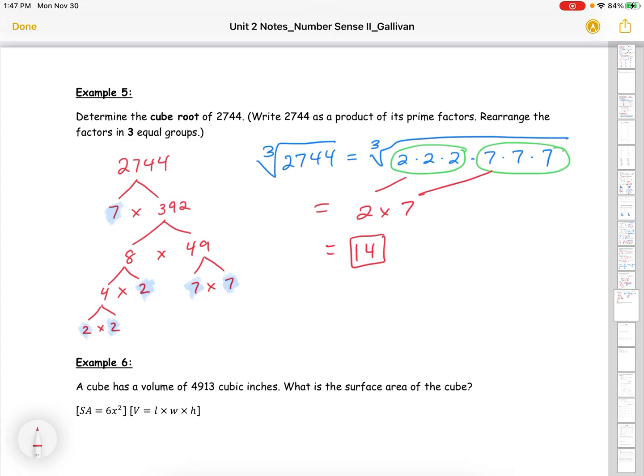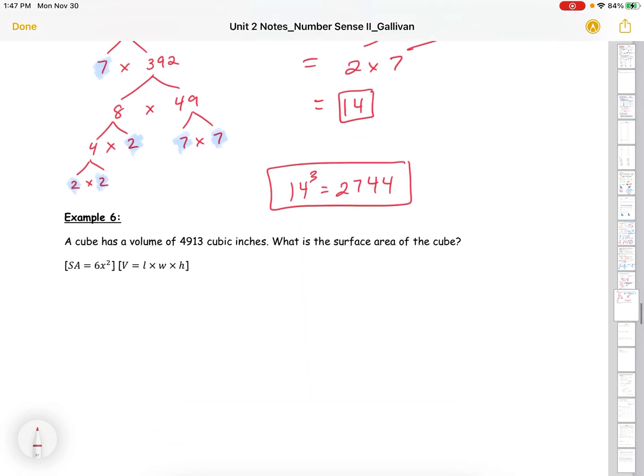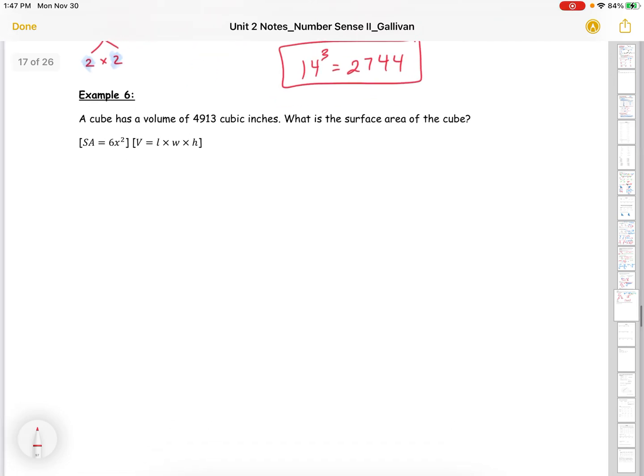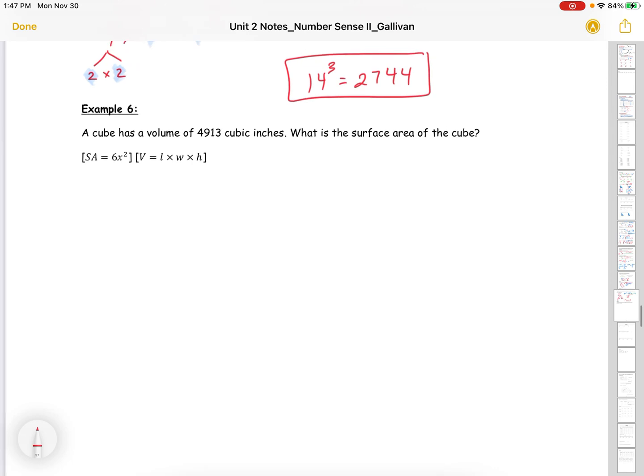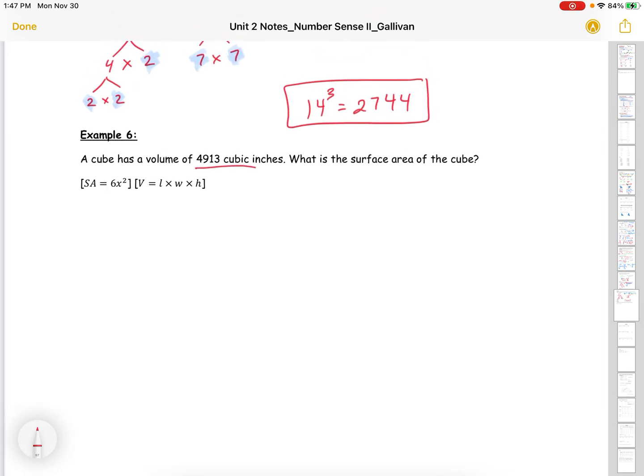Which is equal to 14. Okay, and again, you can check 14 cubed is indeed equal to 2,744. Do the check. It's always a good thing. I think this is our last example. Yes, a cube has a volume of 4,913 cubic inches. What's the surface area of the cube?